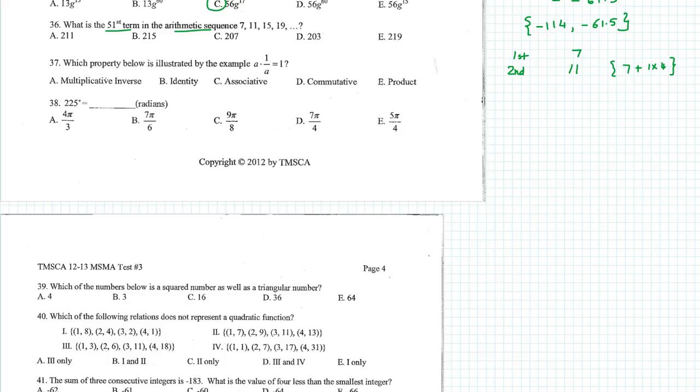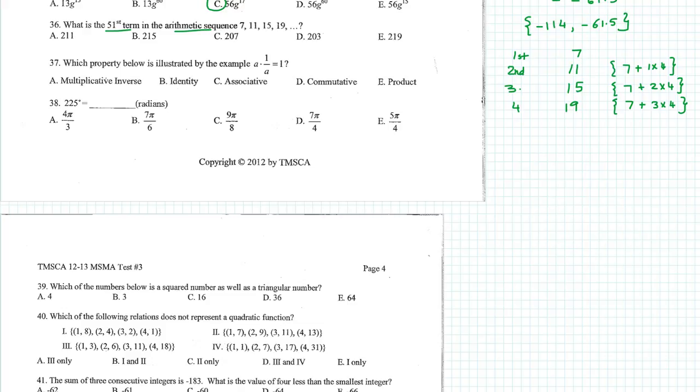The third term is 15, which can also be rewritten as 7 plus 2 times 4. The fourth term is 19, which can also be written as 7 plus 3 times 4.